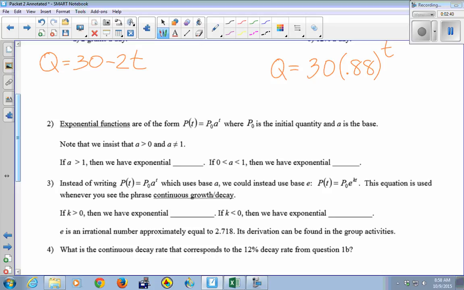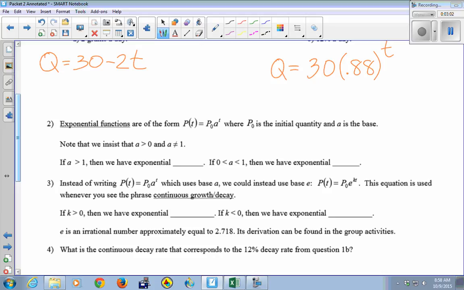Okay. We're going to insist that a be positive and a not be 1, right? If a were negative, then the sign of Q could be positive and negative depending on the value of T, right? After 2 days, you'd have a positive amount. After 3 days, you'd have a negative amount because cubing a negative number would give you a negative.